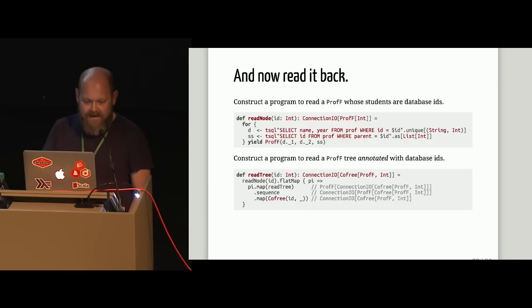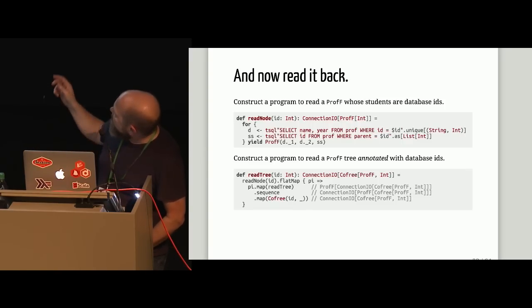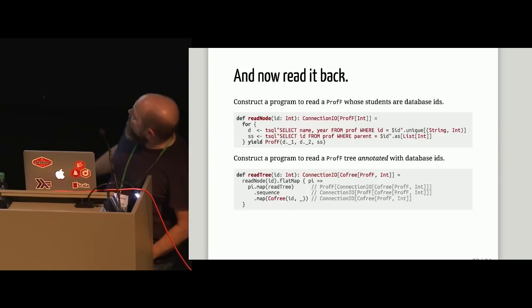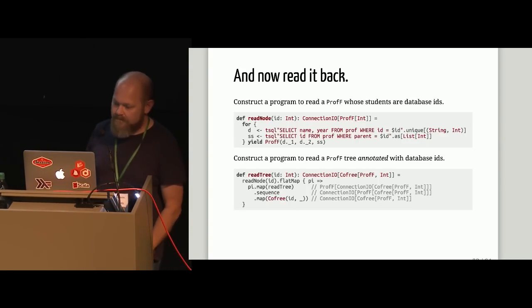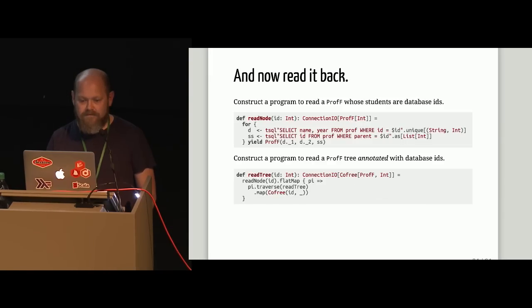PI, that is our PropF of int. So we're going to traverse with ReadTree, and that gives us a connection IO of PropF of Cofree of PropF of int. So that's our tail for our Cofree, and then map to construct the Cofree. And that will work. So we know map followed by sequence is traverse. So we can simplify that.